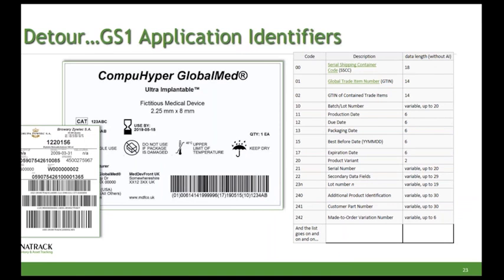So one of the things I do want to talk about here is what's known as a GS1 application identifier. If you are moving inventory, or if you're in the medical field and you're moving or producing some of this, a standard was created a while ago that is basically an enforced standard.